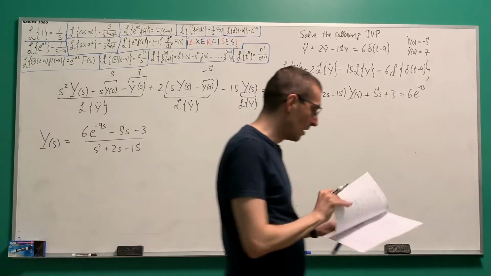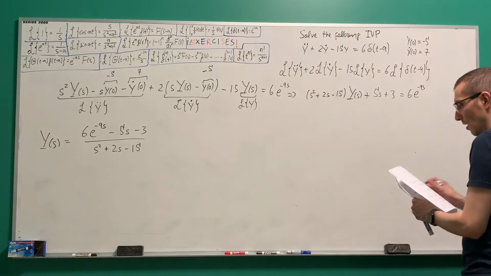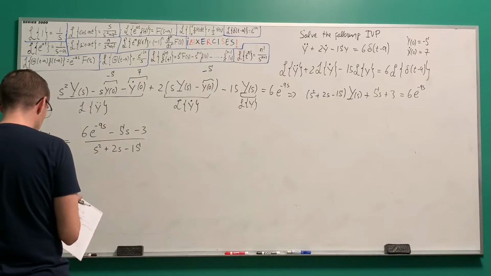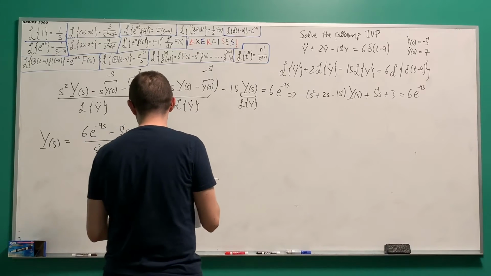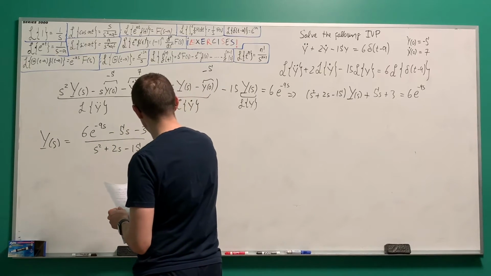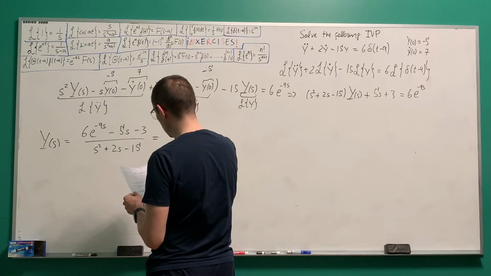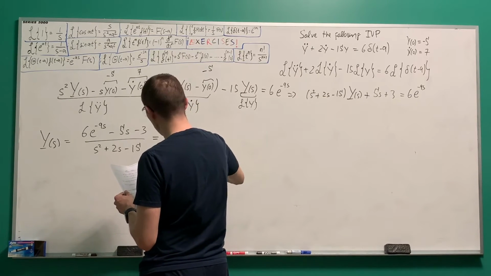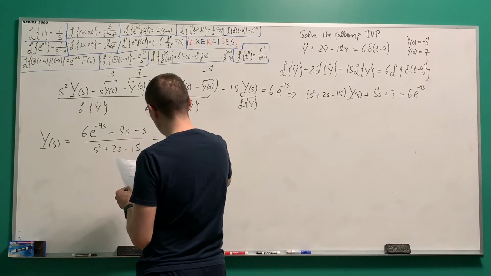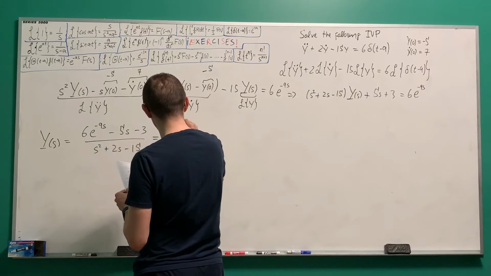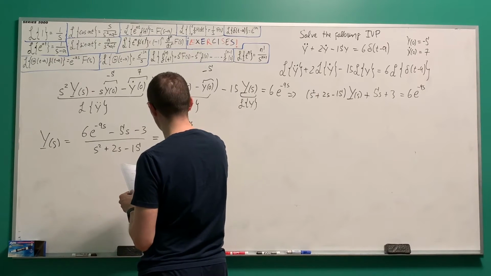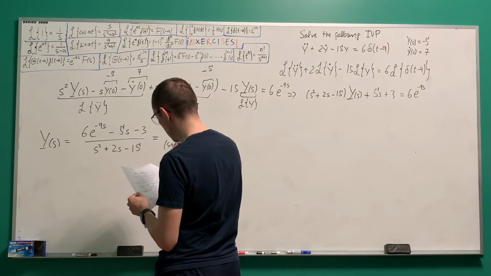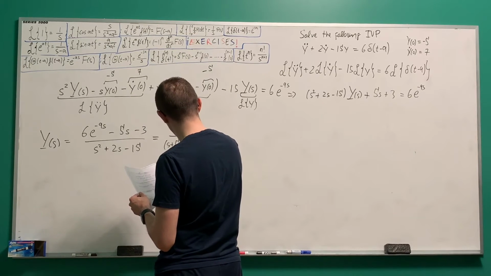Oh, wonderful. So now, all that we need is to find, well, what I'm gonna do, I'm gonna separate these factors, right? And I'm gonna write it first like this. I'm gonna write it as 6 e to the minus 9s, to simplify it a bit, divided by, I'm gonna put this into a product of the roots, s plus 5, s minus 3.